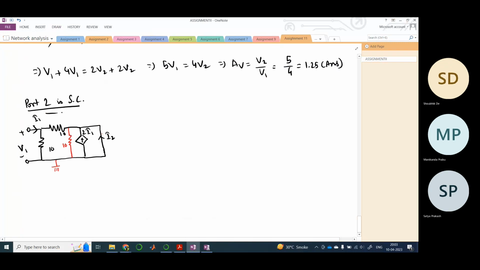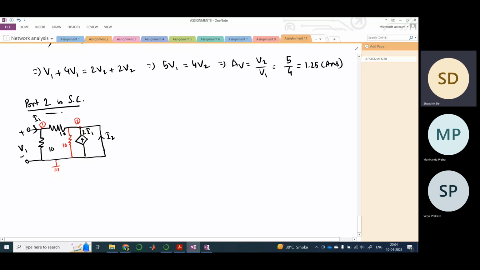Port 2 in a way is connected to ground through this shorted path, because there is no resistor.